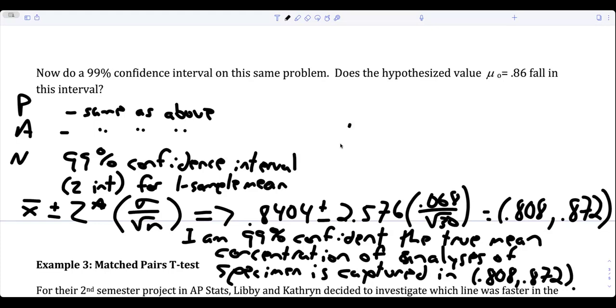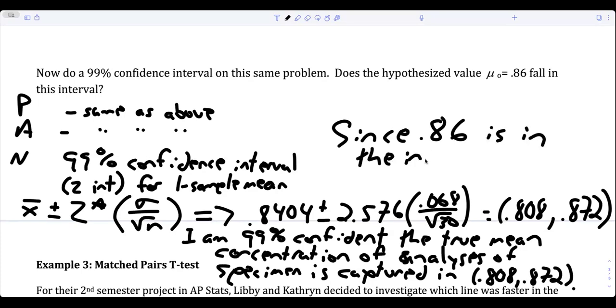And since 0.86 is in the interval, this agrees with my significance test.